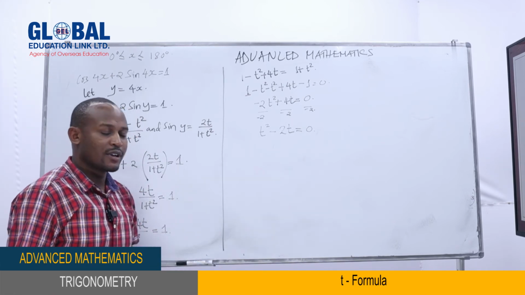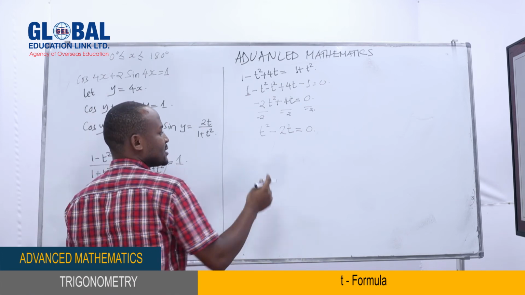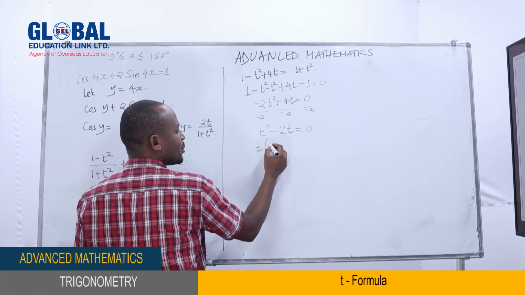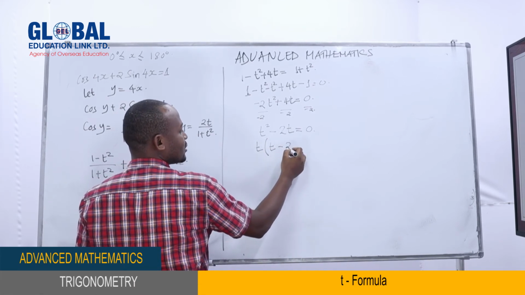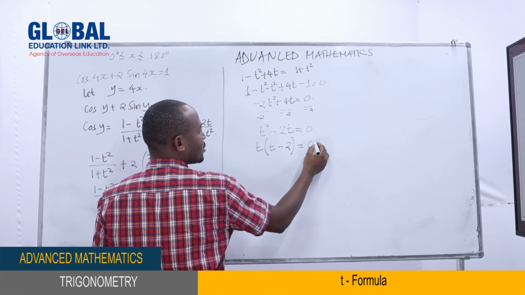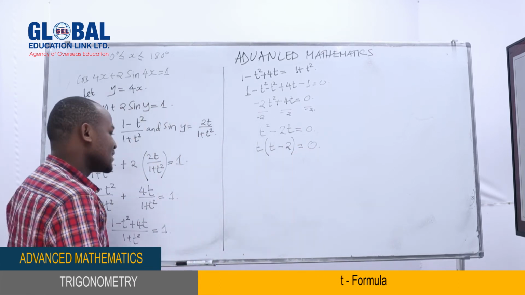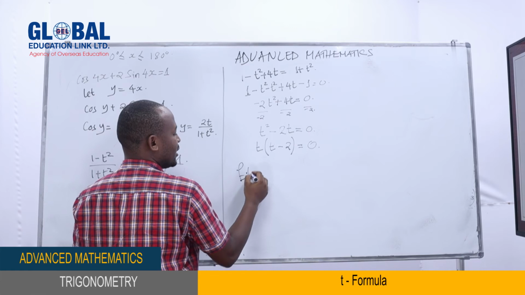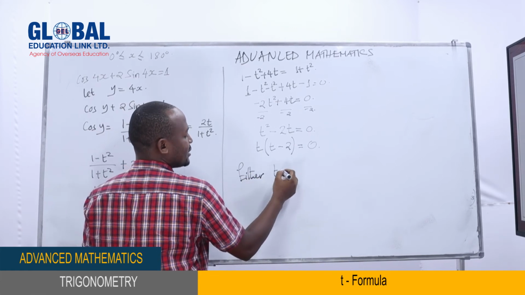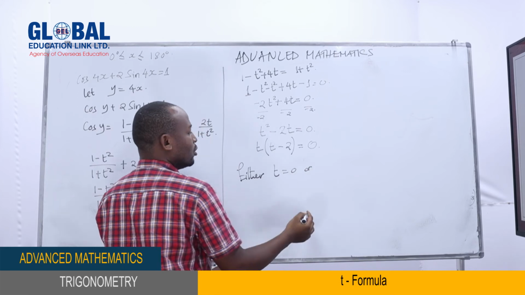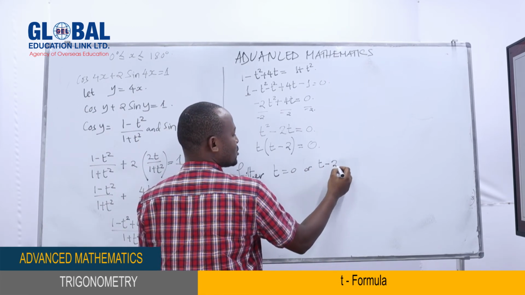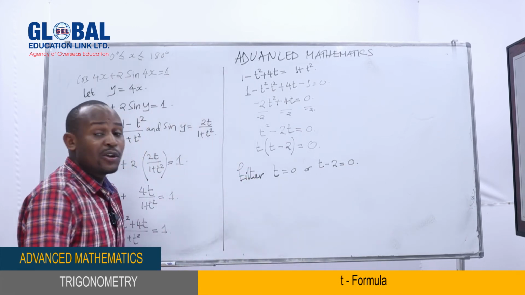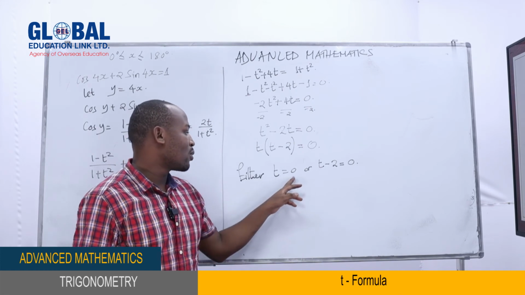We can factorize it by factoring out t, and inside we will be left with t - 2 = 0. That is to say, either t = 0 or t - 2 = 0. And then after that, you can start evaluating one after another.